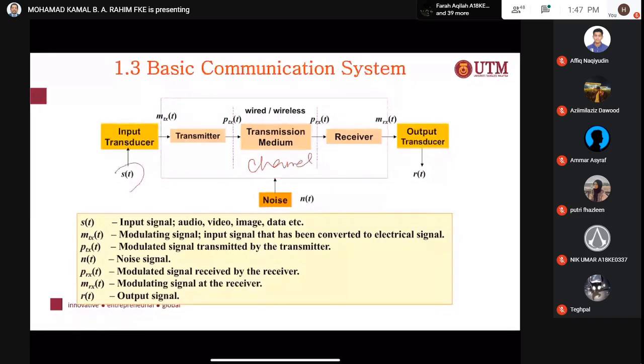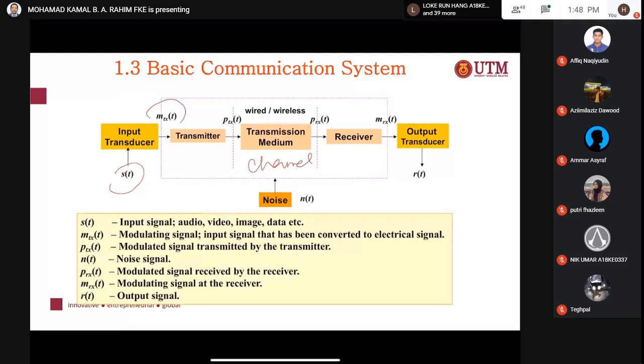So these are the definitions given. f(t) stands for the input signal. The input signal could be your audio, voice, video, image, data, and so on. m(t) is actually a modulating signal, the signal you have converted from the voice signal to an electrical signal.